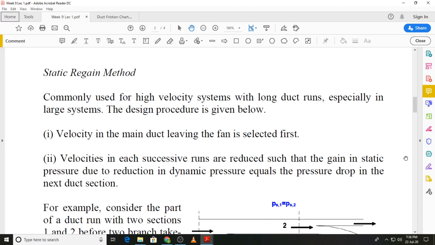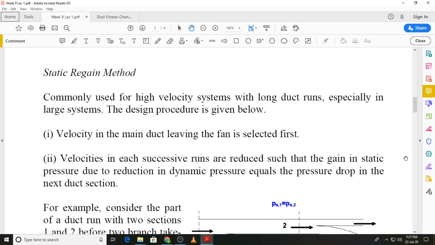The first thing is the selection of the velocity leaving the main duct after the fan. So that velocity has to be selected, and once we have done that, then as we move in each of the runs, as I mentioned earlier, velocities are reduced in such a manner that when you reduce the velocity, there is an increase in the static pressure, and that increase in the static pressure should be the same as the pressure drop in that particular section of the run.